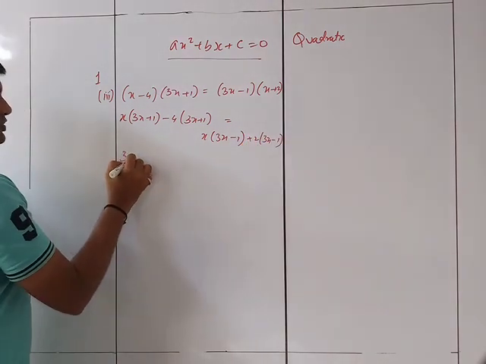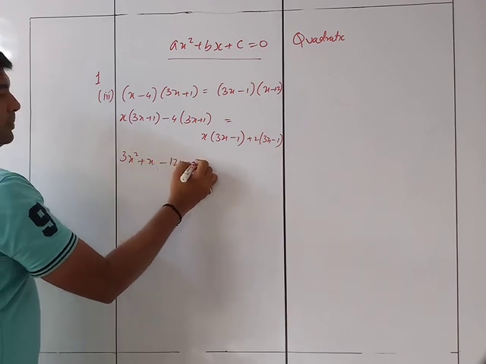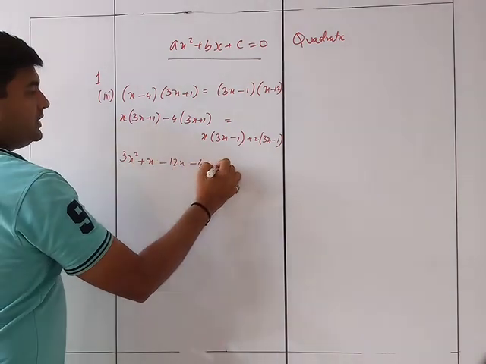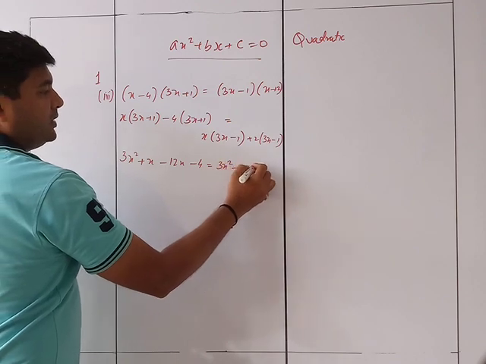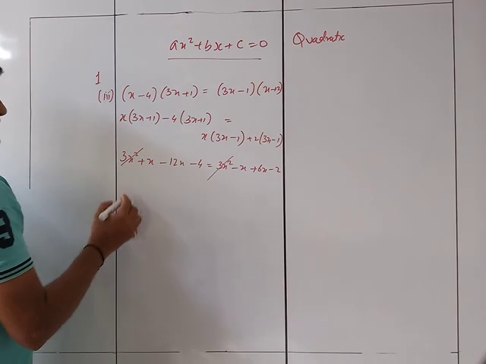We get 3x square plus x minus 12x minus 4 is equal to 3x square minus x plus 6x minus 2. 3x square gets cancelled.